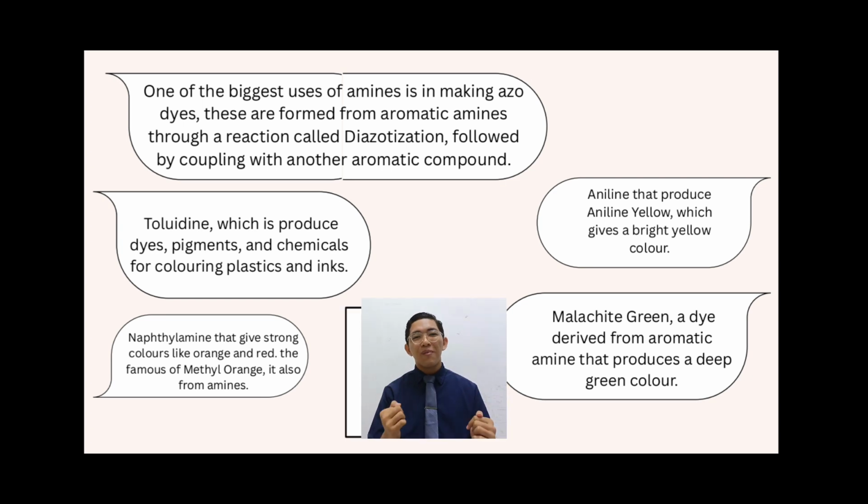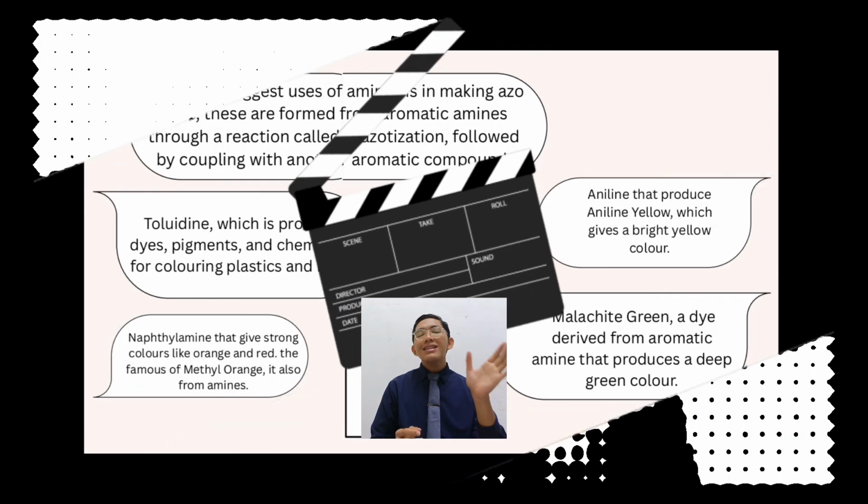It's also from amine. And then we have malachite green, a dye derived from aromatic amine that produces a deep green color. Now I know where those colors come from. The favorite colors actually come from amines. Okay, I'm done.